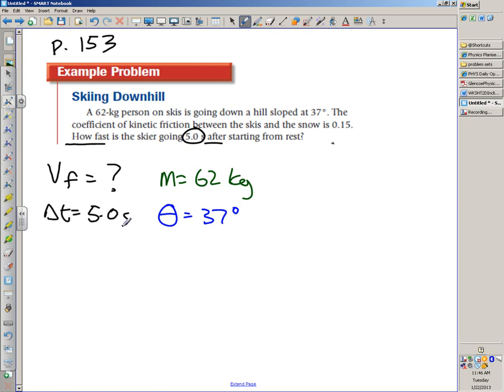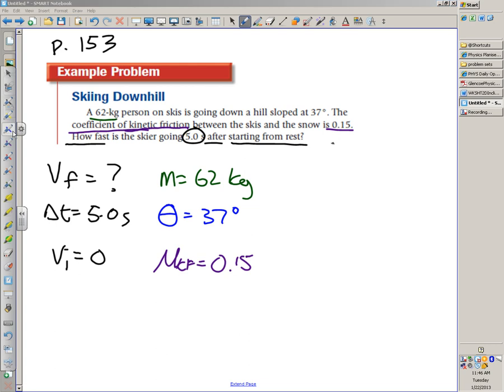Right. They gave us the initial velocity, starting from rest. And then, one other thing they gave us, the coefficient of friction being 0.15. All right, good there?